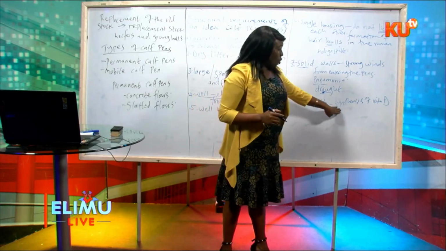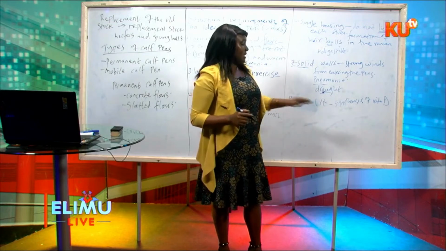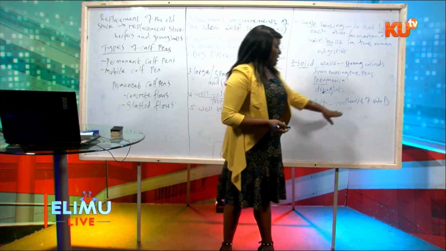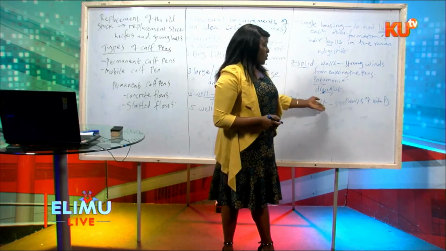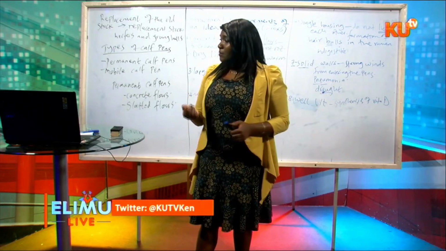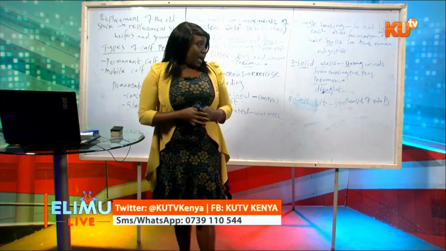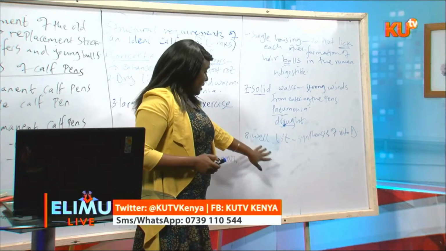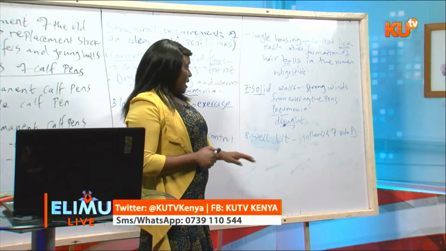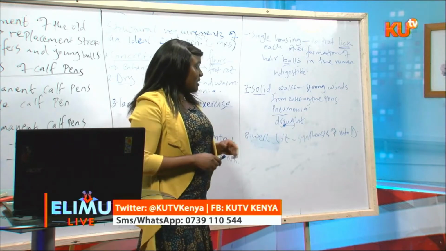So we need to know why we need to keep the calf pens lit. For that purpose of synthesizing vitamin D, they require that synthesis. I am expecting that response, and I'm looking forward to seeing the right one.